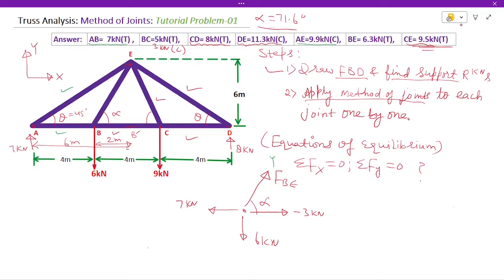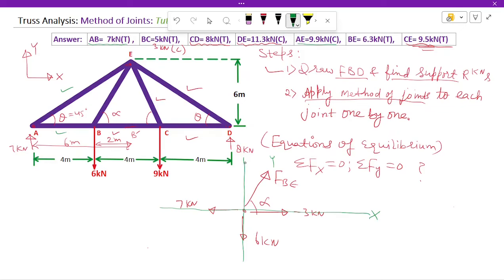Let me draw these axes first. This is our x-axis and this is our y-axis. This FBE is neither in x direction nor y, so again we need to resolve FBE into x component and y component.